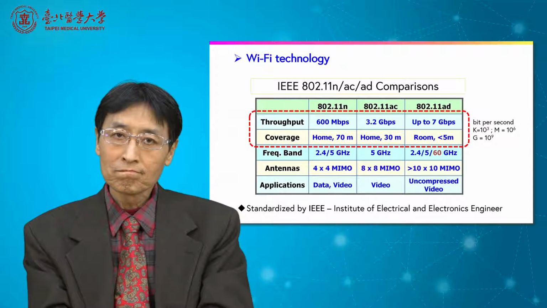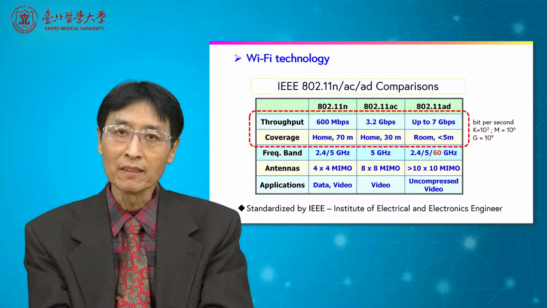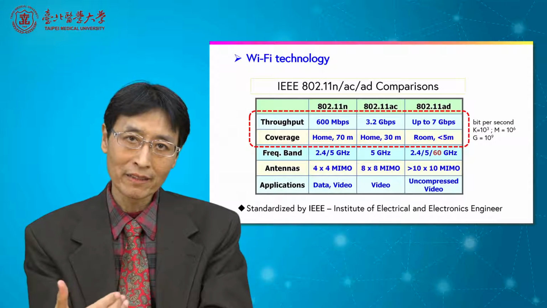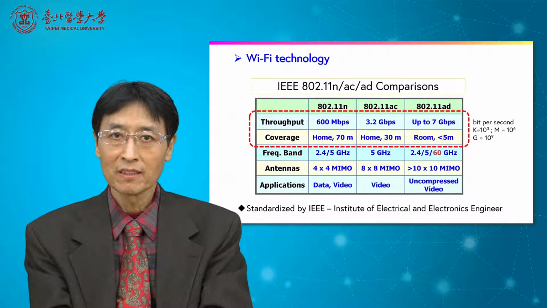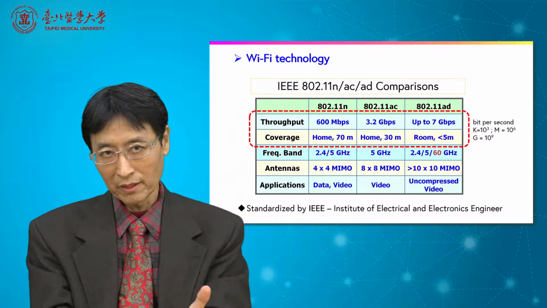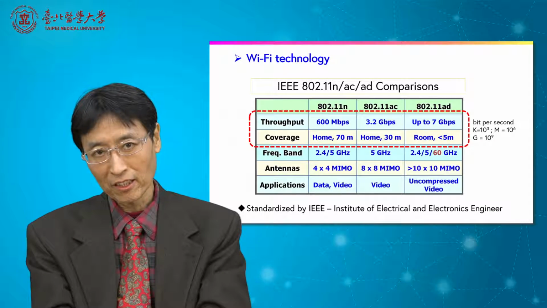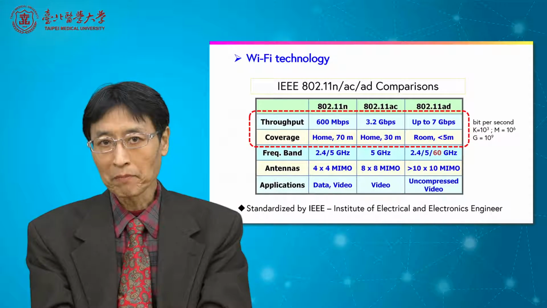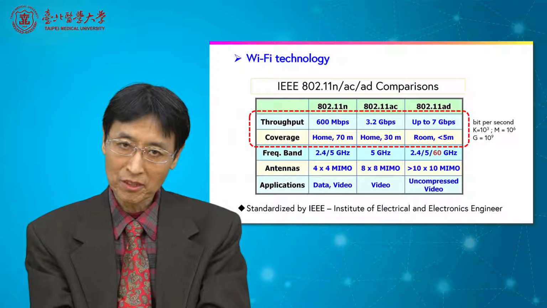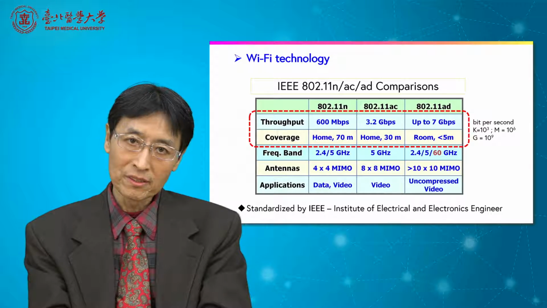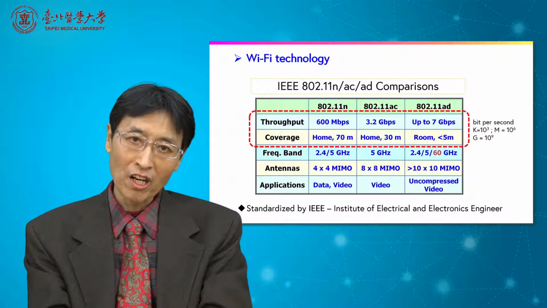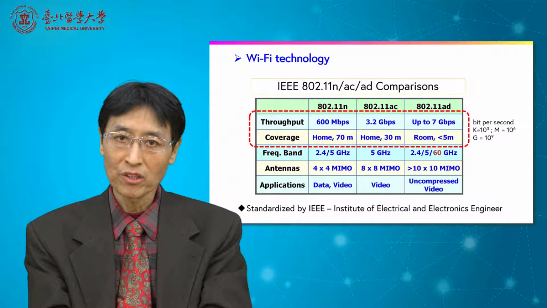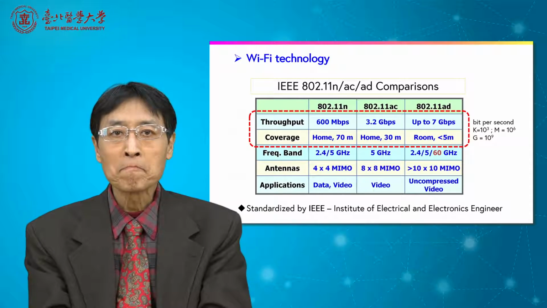Okay, let's look at the latest technologies or standards. All of the Wi-Fi technology is standardized by the IEEE, as you have heard, which is the abbreviation of Institute of Electrical and Electronics Engineers.